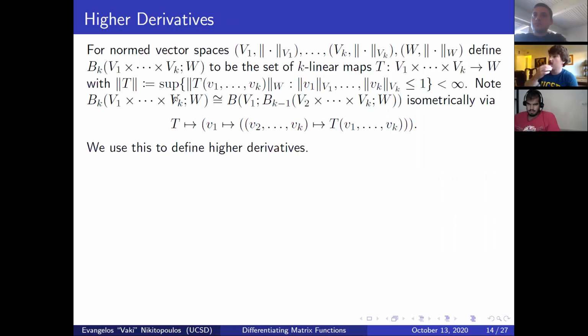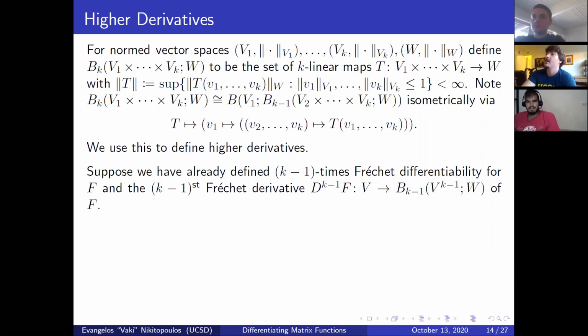And I told you it's a bit annoying, so don't worry if you're not absorbing it all, but bear with me. Okay, so let's say k is greater than or equal to 2, and we've already defined k-1 times Fréchet differentiability for f, and the k-1 Fréchet derivative, d^(k-1), from v to B_(k-1)(v, w).